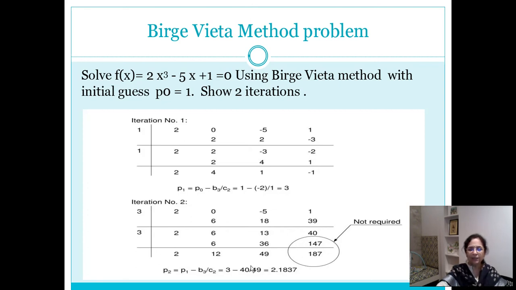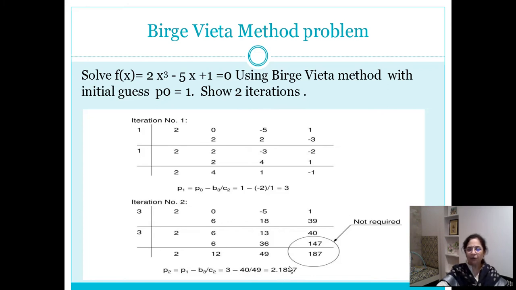So now you can see the correction which is provided for P calculation would be 3 minus 40 divided by 49. Okay, so some fraction is reduced from 3 and new value of P is 2.1837. Since they have asked us to do only 2 iterations, we have stopped here, but otherwise we would have taken this as the new value of P and continued with this calculation.